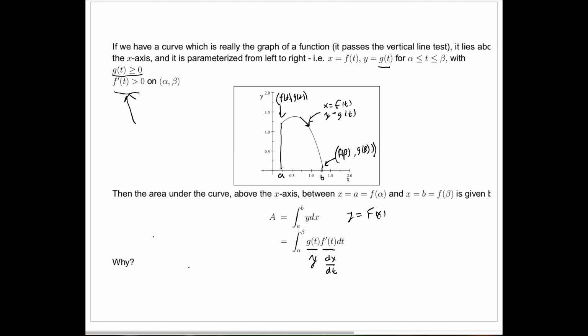Our question now is, why does this work? Why is this integral the same as this integral, which gives us the area that we desire? The answer is, we can show that those two integrals are the same just by a substitution.